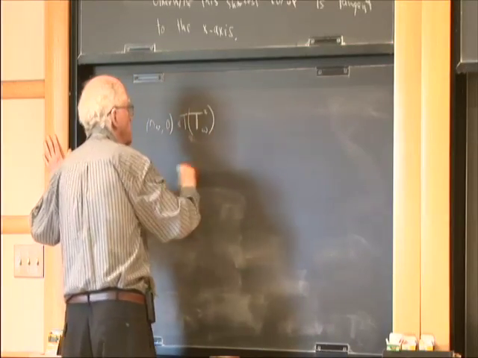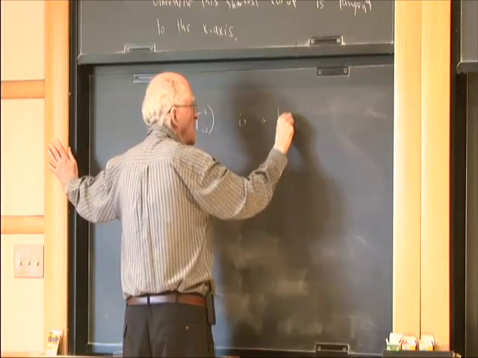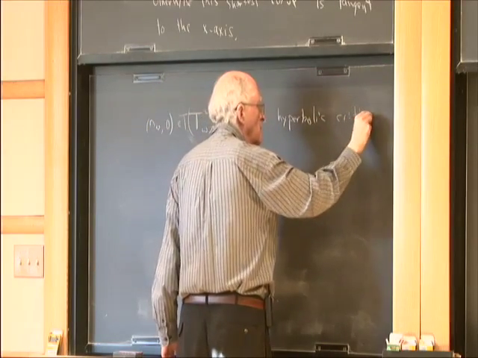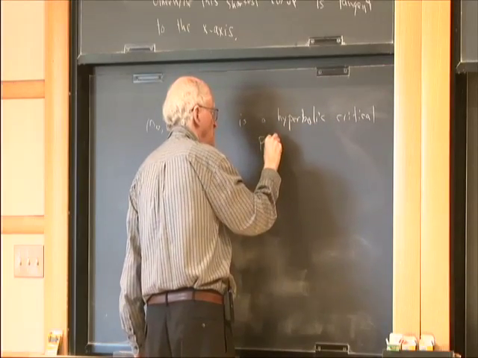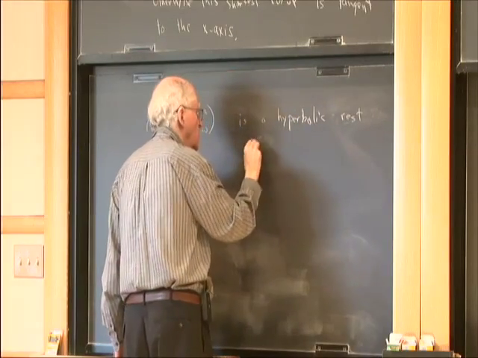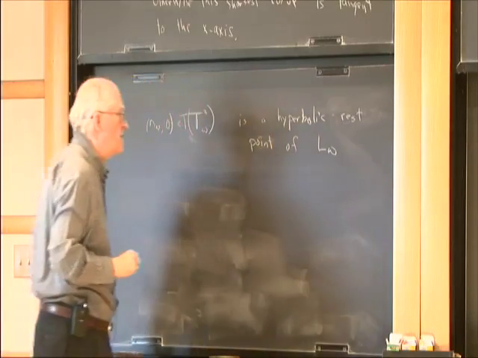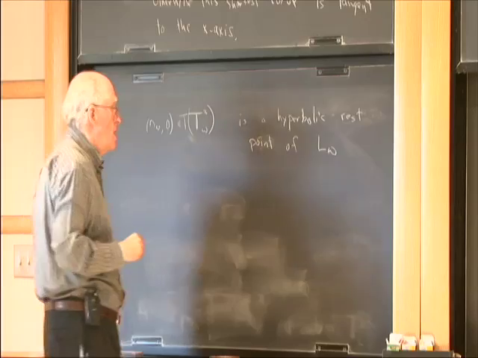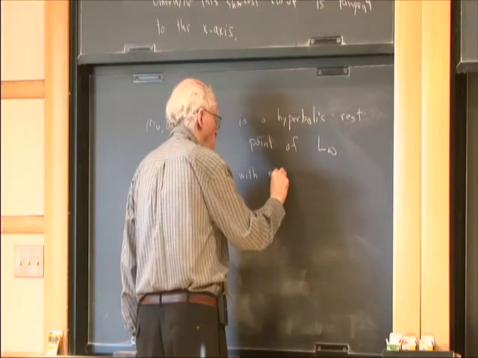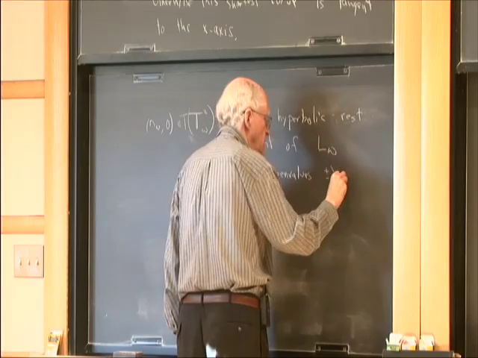It is a hyperbolic critical point, a rest point of L omega. Of course, what I mean is of the Euler-Lagrange equation associated to L omega, with eigenvalues plus or minus lambda and plus or minus mu.